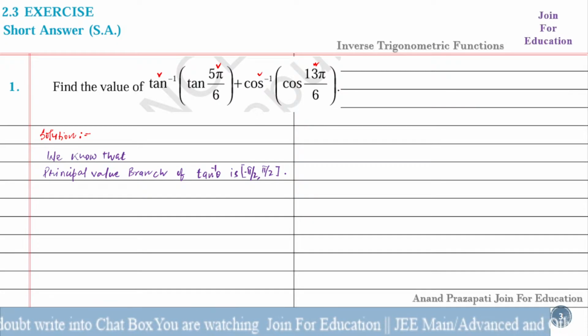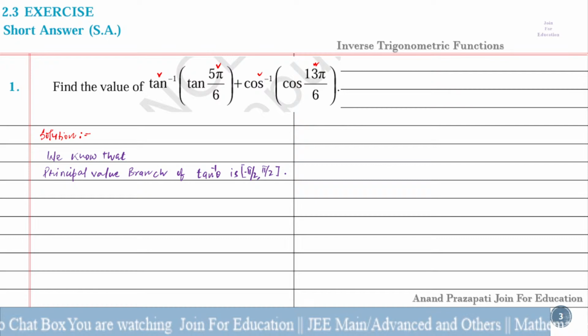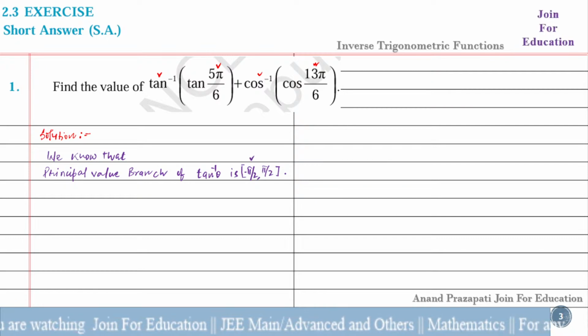So if we consider 5 pi by 6, this one is not between minus pi by 2 to pi by 2.